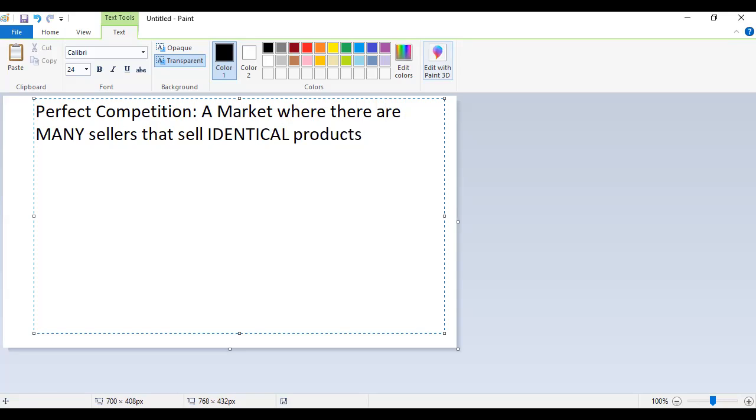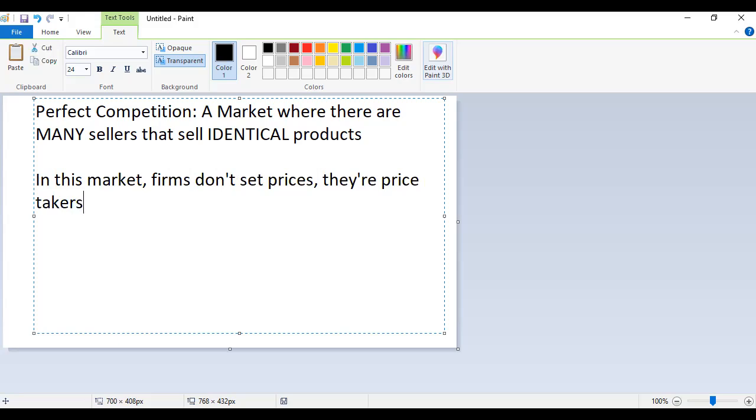An example would be water. There's plenty of people who sell water, and no matter where you go, water is water. Sure, it may taste a little different, but it's water. There's nothing special about it. In this market, firms don't set prices; they're price takers.